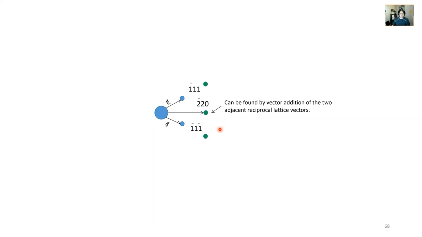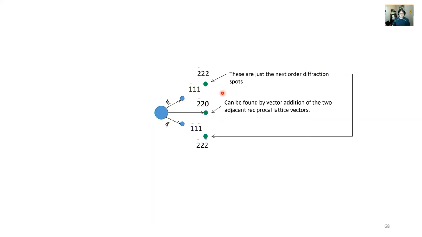I cobbled this together by hand. These next ones are just the next order diffraction spots. So if this was -1, 1, 1, this next one's going to be -2, 2, 2. And this one was -1, 1, -1. This next spot's going to be -2, 2, -2. Okay, so vector addition, and then it's just the next order.